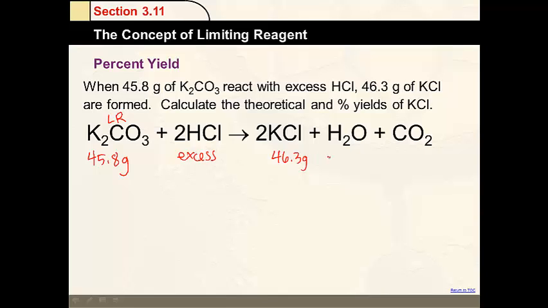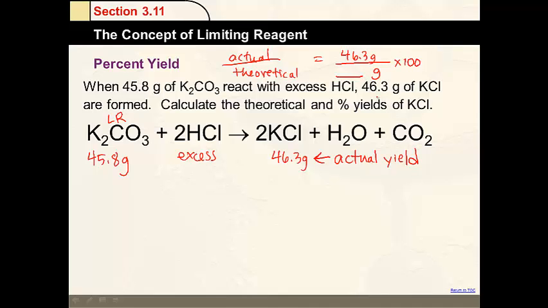So this number right here is the actual yield. Percent yield takes the actual yield over the theoretical yield. Well, I know that the actual yield is 46.3, so now I need to find out what the theoretical yield is and then take that times 100.